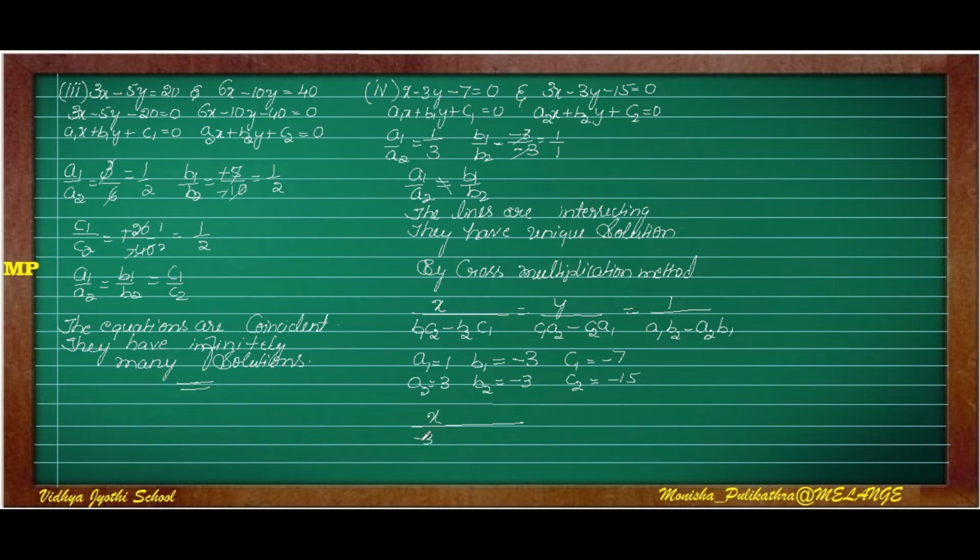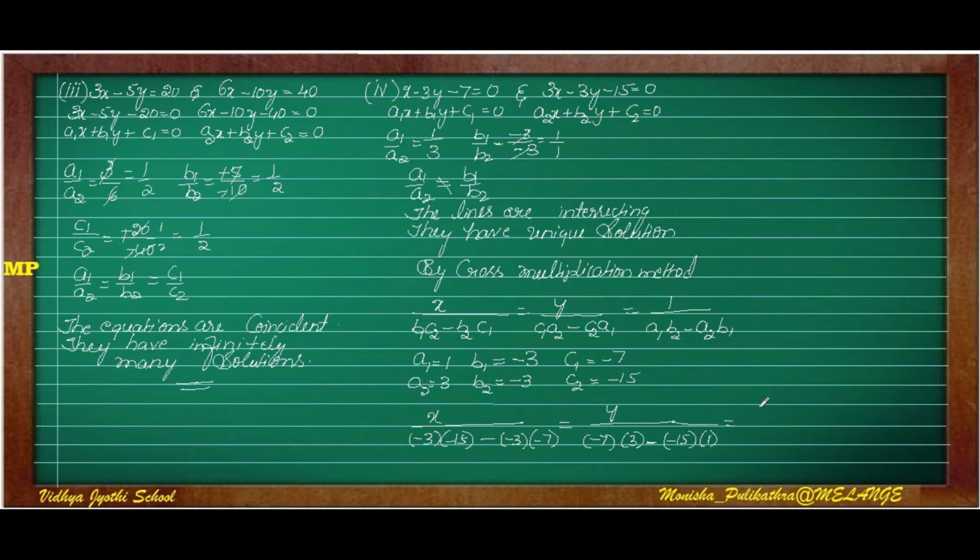So b1 is minus 3 and minus 15 minus b2 c1, that is minus 3 and minus 7 is equal to y by c1 a2, that is minus 7 into 3 minus c2 a1, that is minus 15 and 1.